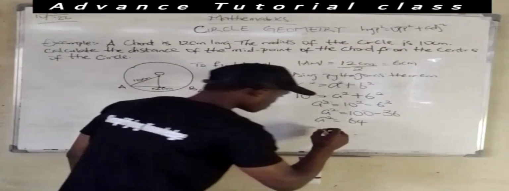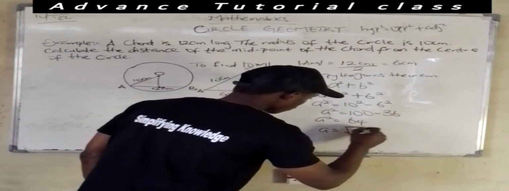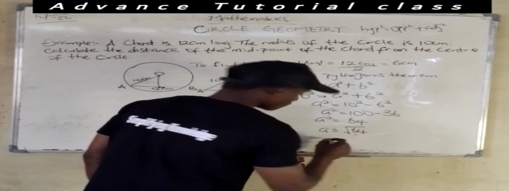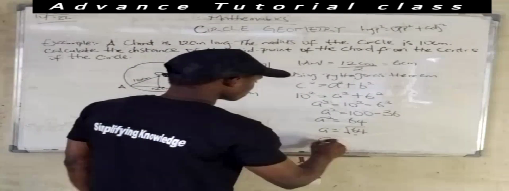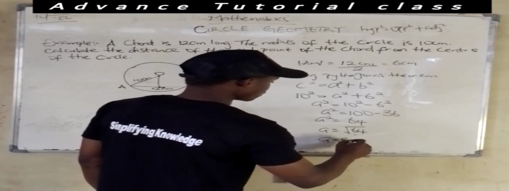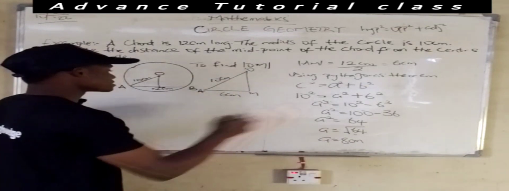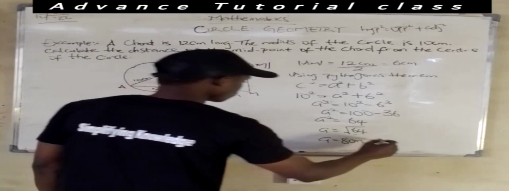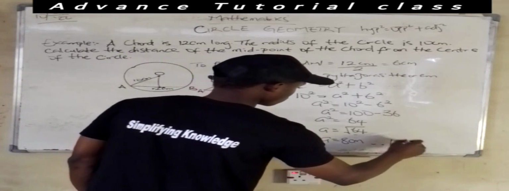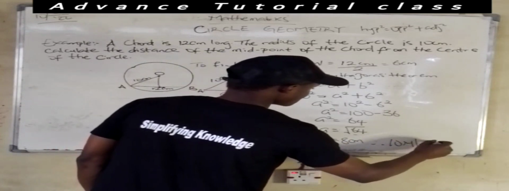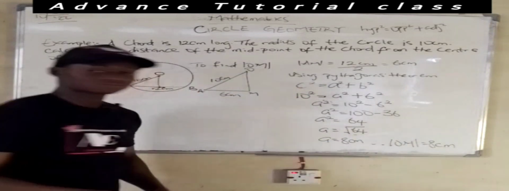So A equals square root of 64. Finally, the square root of 64 gives me 8. So A equals 8 centimeters, that means side OM equals 8 centimeters.